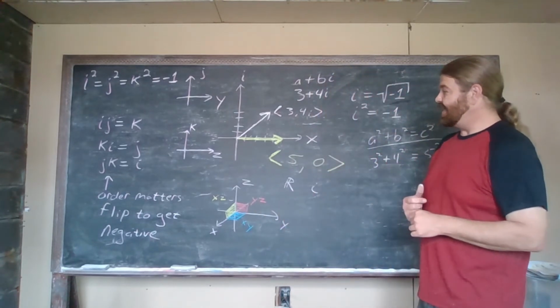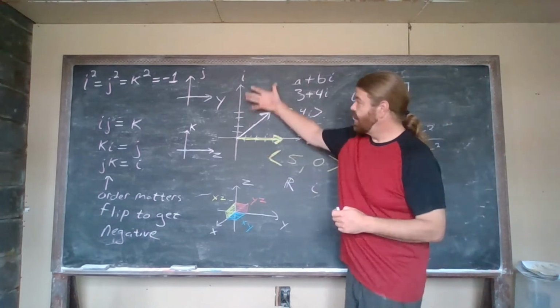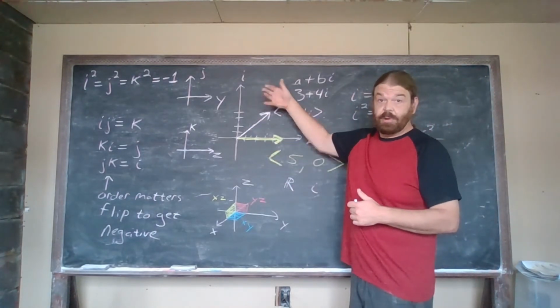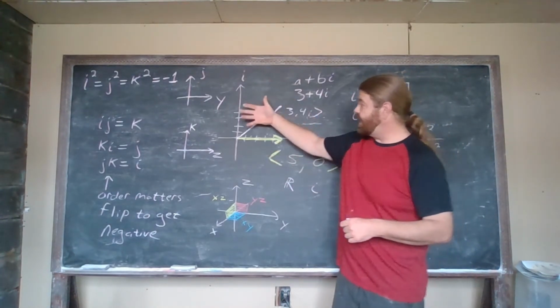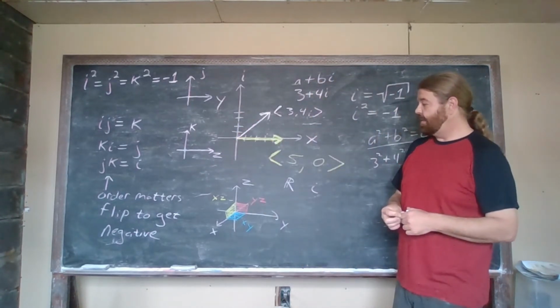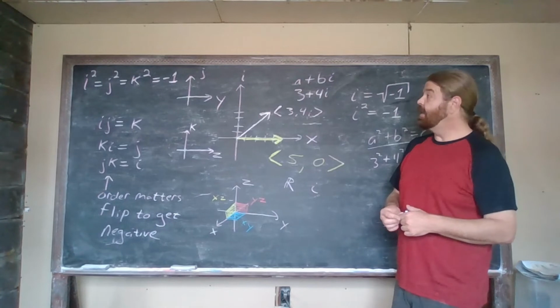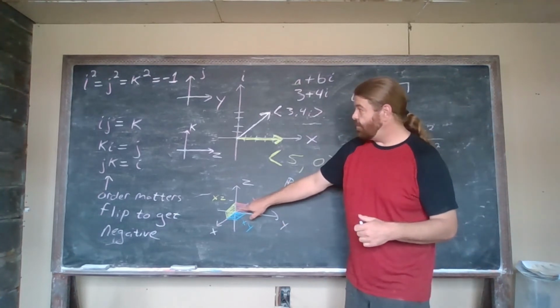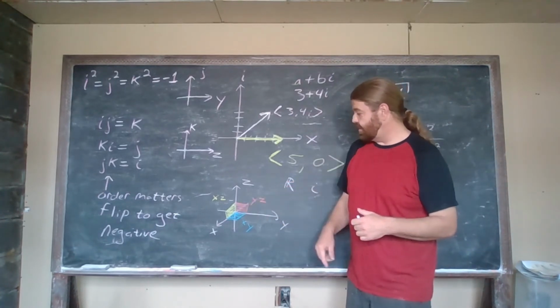So that's the basic idea of the quaternion, as far as graphing goes and what we'll need to build something up. So we take these three planes and add them up together, and then each one of those, right?